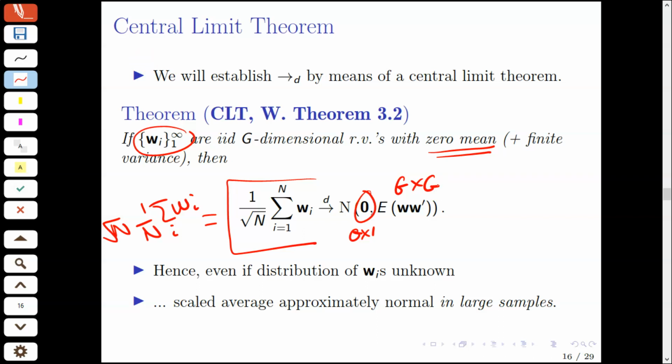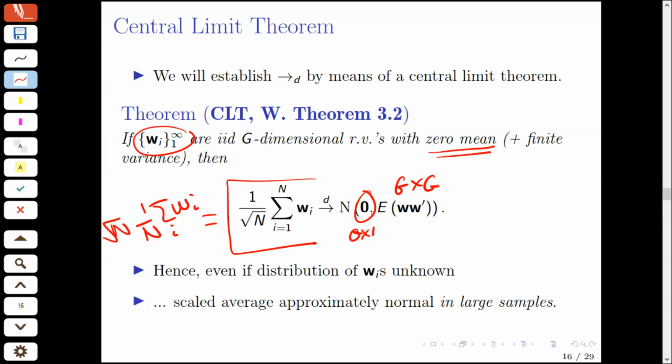All right, so why is the central limit theorem useful? Well, it states that even if the common distribution of the wi's is unknown, then when we construct their average and scale it appropriately, here by square root n, then as n goes to infinity, we arrive at a normal distribution.